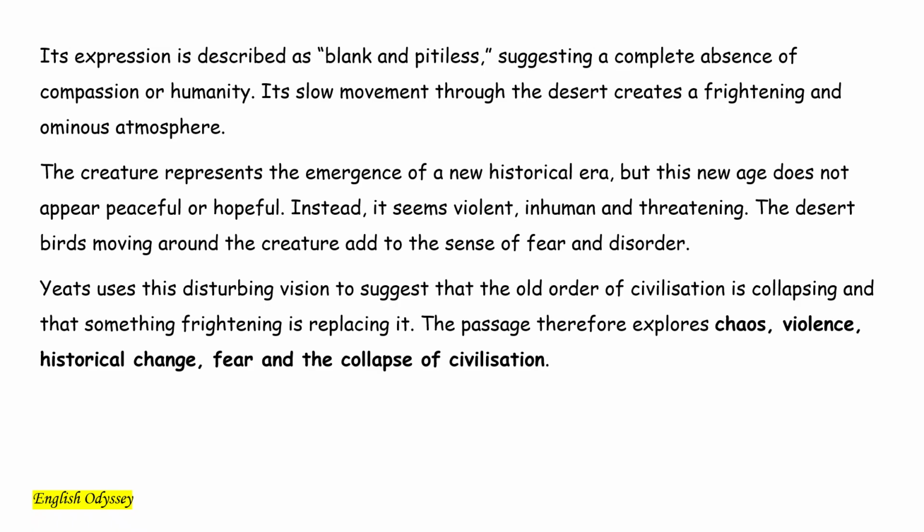The creature's blank and pitiless gaze creates a disturbing atmosphere and represents the emergence of a terrifying new historical age. Through this imagery, it explores violence, historical change, and the collapse of civilization.